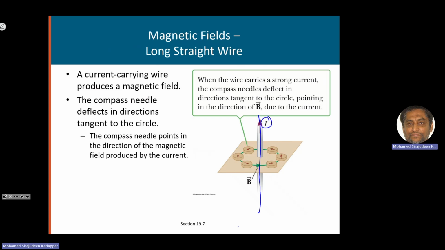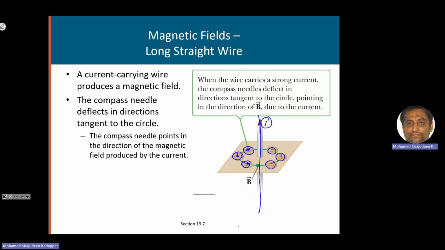And in the plane perpendicular to this wire, maybe you keep a cardboard and place many compasses around it. You will see that there is a magnetic field because the compass needle will deflect in the direction of the magnetic field.